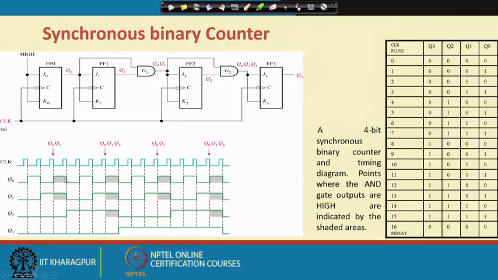When the AND gate outputs are high, they are shown by these shaded portions. Essentially it will go through this sequence starting with all 0, going up to all 1, and then from the 16th cycle it will repeat. It will again start with all 0 and continue like this. That is the synchronous binary counter structure that we have.